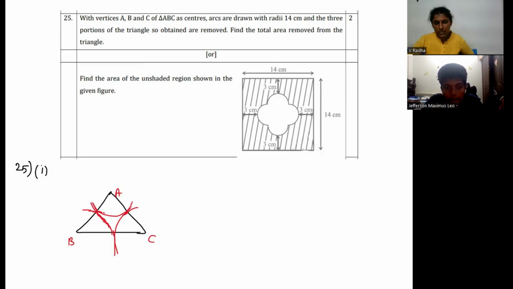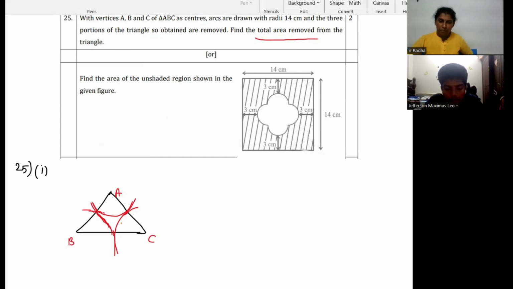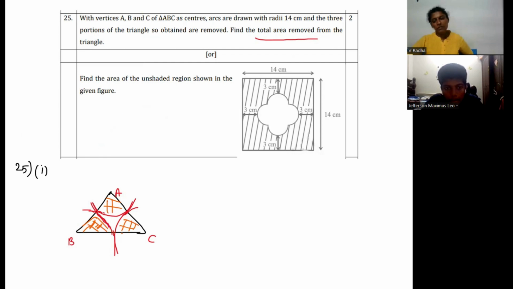So what are we asked here? The question is to find the total area removed from the triangle. So three sectors are removed, correct? Yes, ma'am. Now please try to say the correct formula.